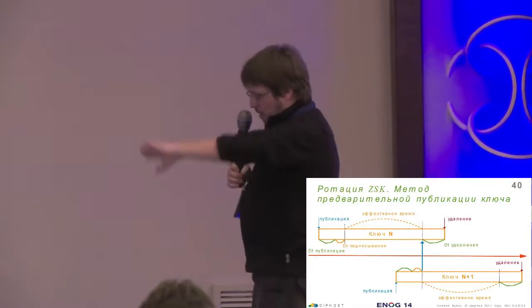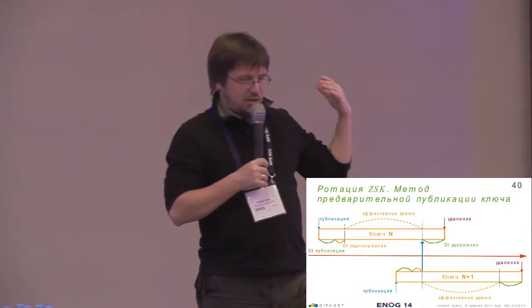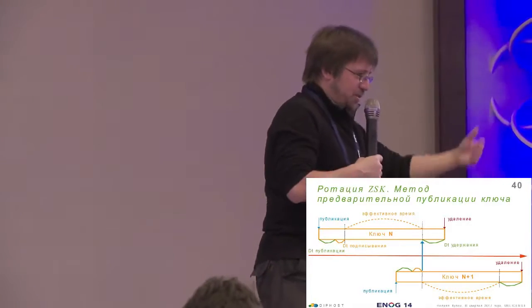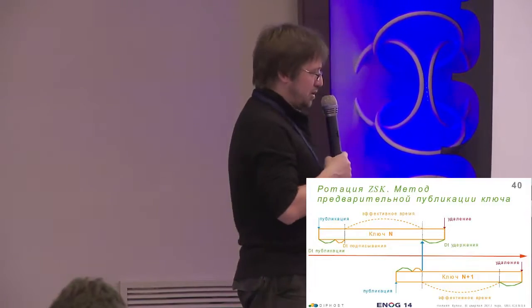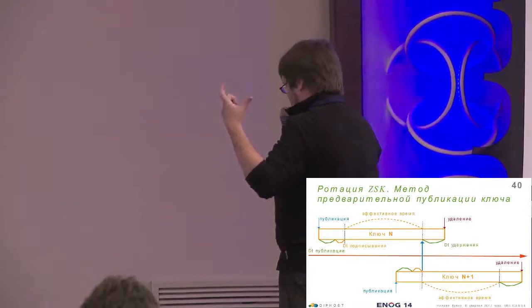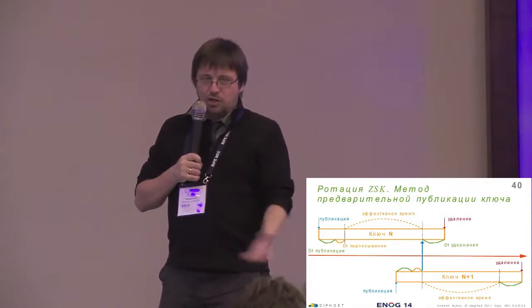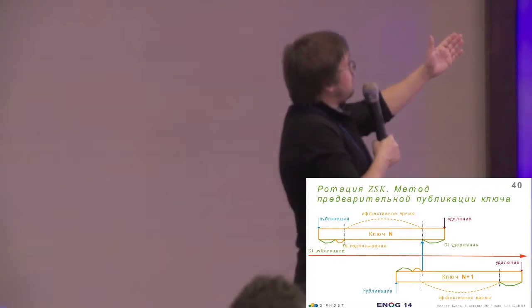Generally, they publish the new key in the network, then sign the zone with the new key, and the old one becomes obsolete. When the time of the records of the second key expires, it is just removed.